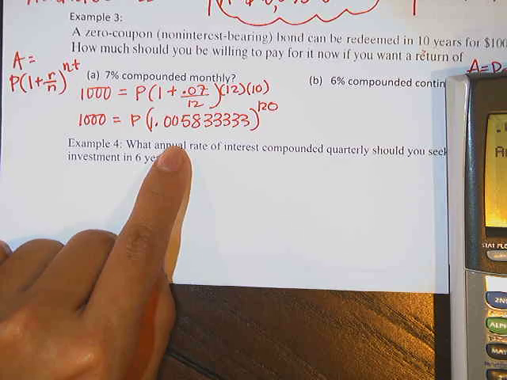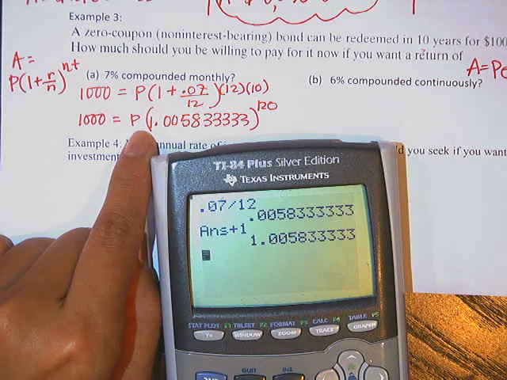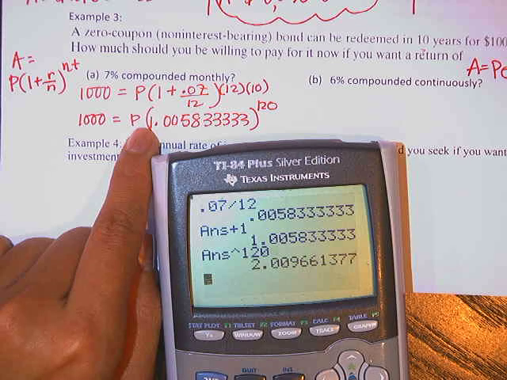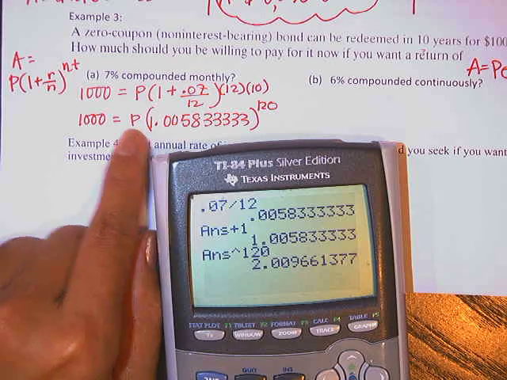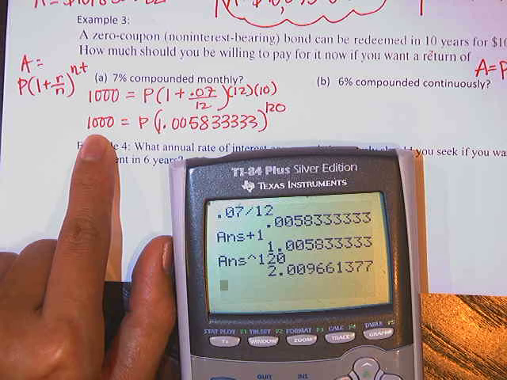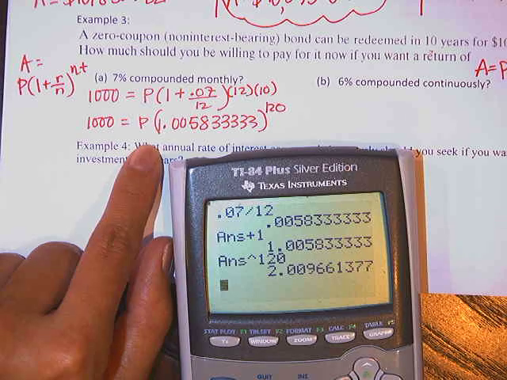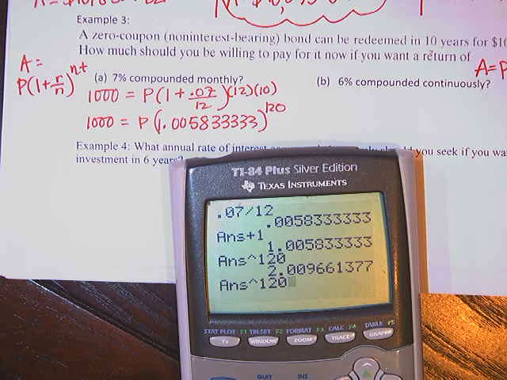All right, so now I'm just going to take that and raise it to the 120 power. That gives me 2.9661377. And then because I'm solving for P, I'm going to divide both sides by that amount. That means I'm going to do now 1,000 divided by this answer.